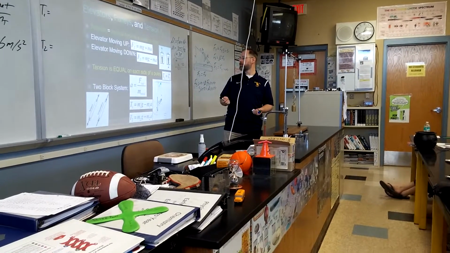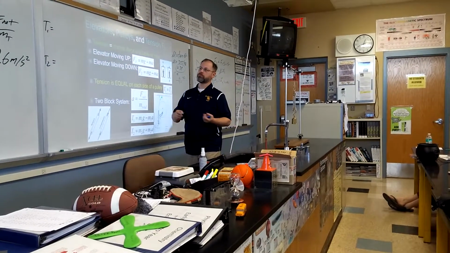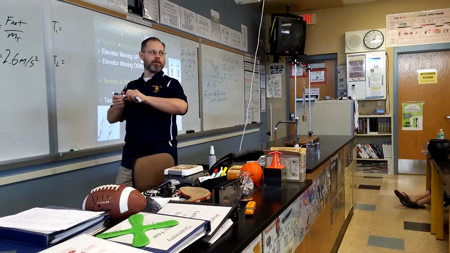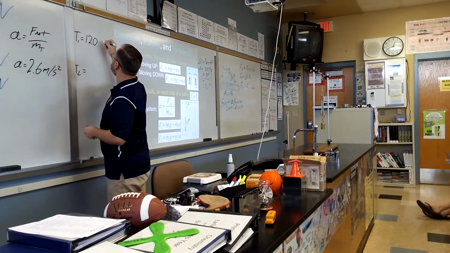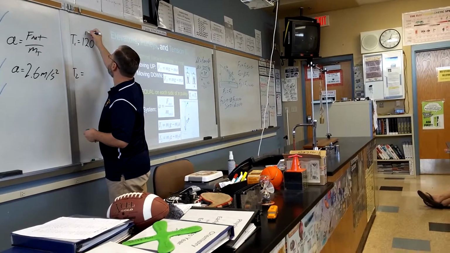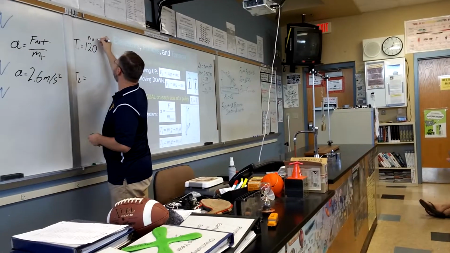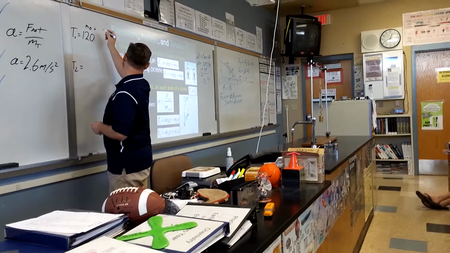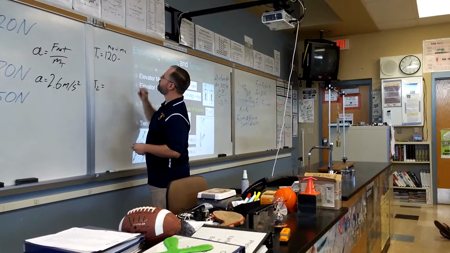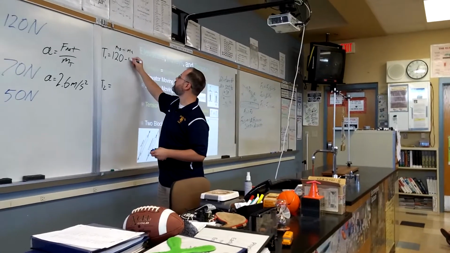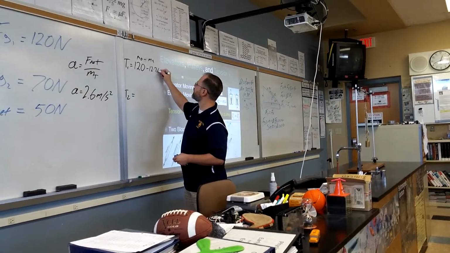Okay, so T1, M1 times G. Hopefully that's still our weight. So this is M1G plus or minus? Minus MA. 120 minus the mass of 12 times the acceleration of 2.6.